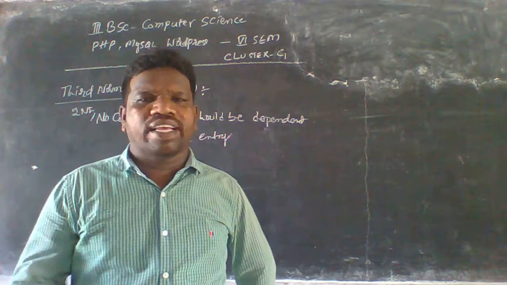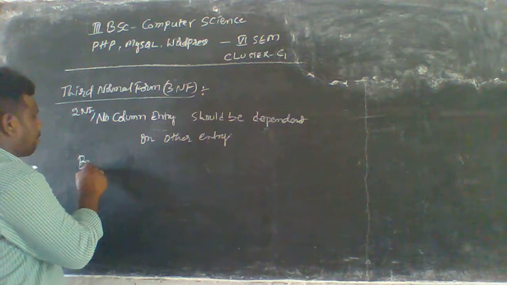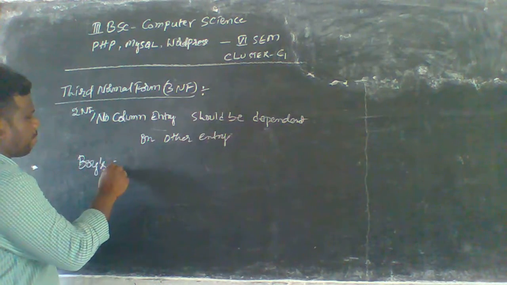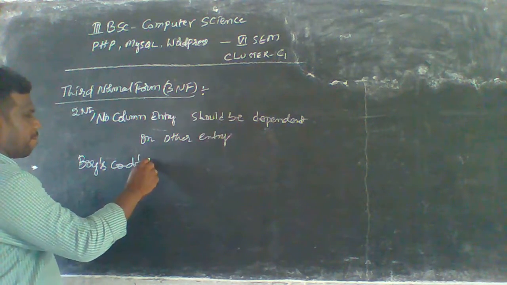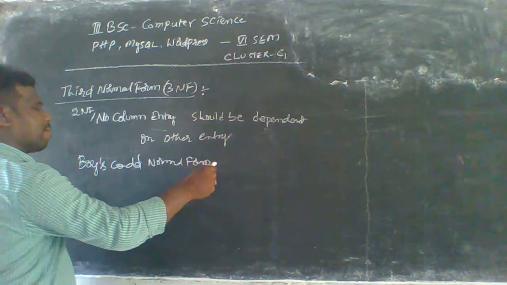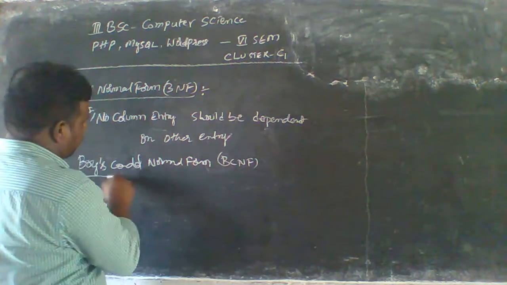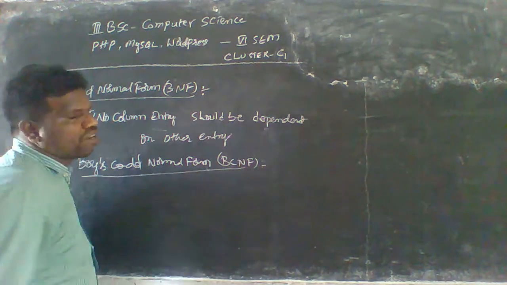Okay, so the next one is called the Boyce Codd normal form. What is BCNF?